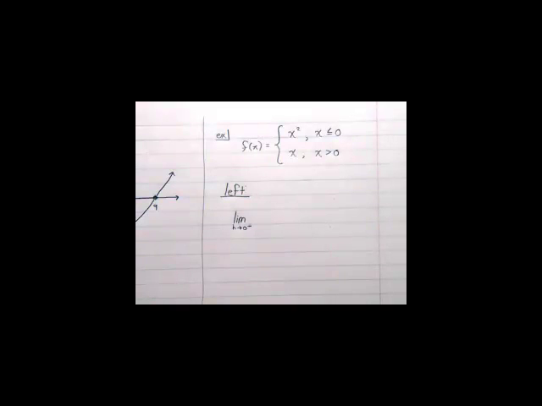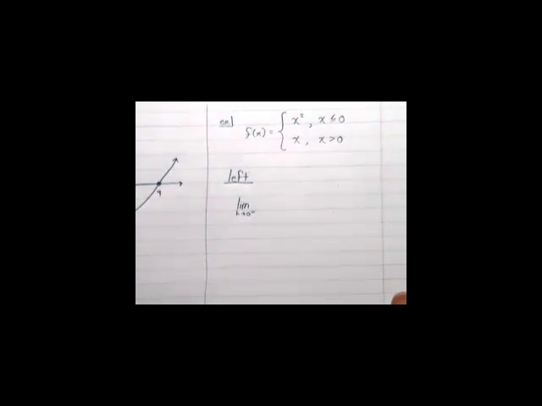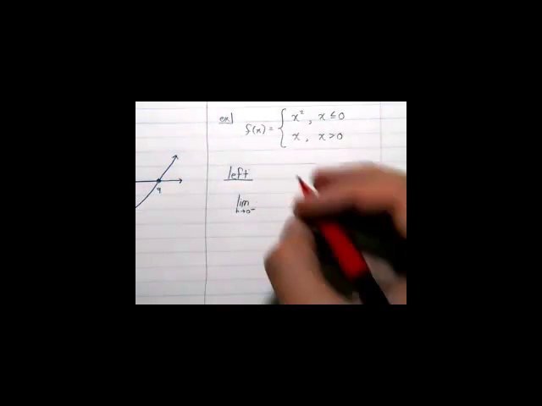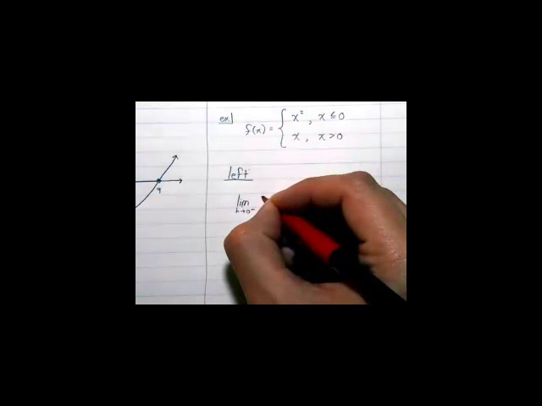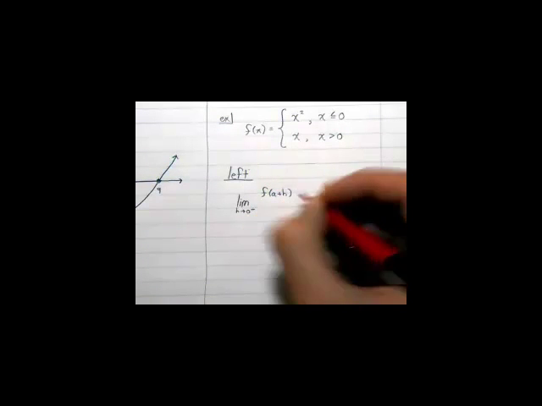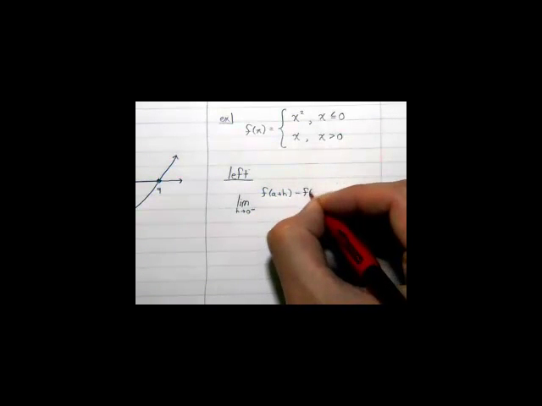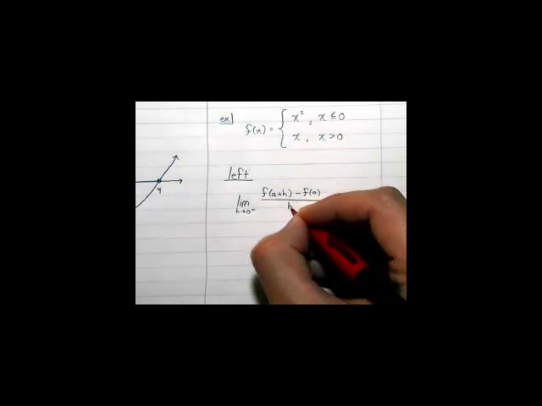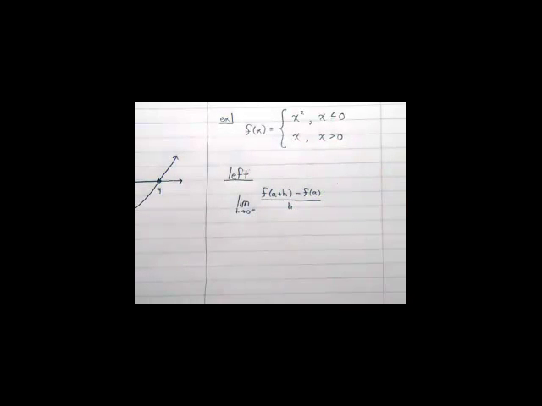Well, the derivative then follows that same idea. So it's the limit as h goes to 0 from the left of f of a plus h minus f of a, all divided by h.